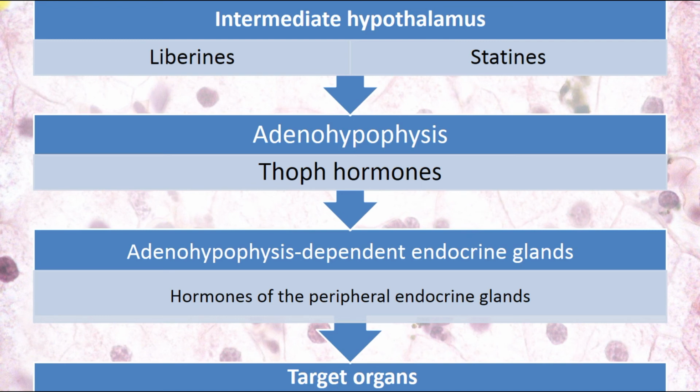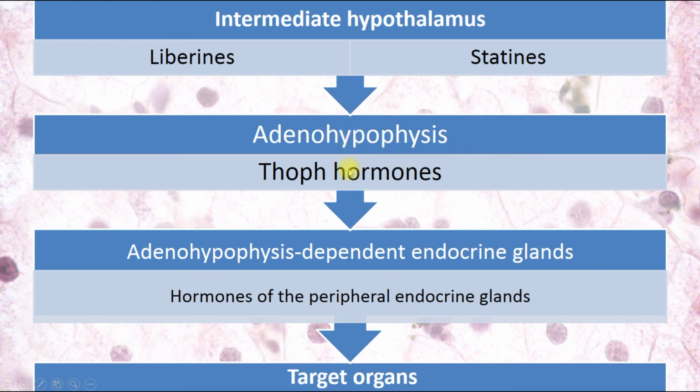Also, there are gonadoliberins, gonadostatins, somatoliberin, somatostatin. And those liberins and statins increase or decrease release of troph hormones. So some specific liberin comes to the adenohypophysis and activates release of some specific troph hormone. It's the second level of regulation.